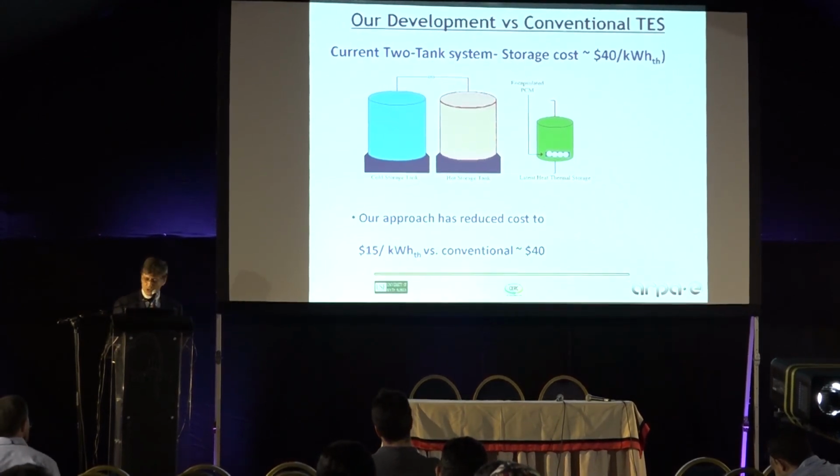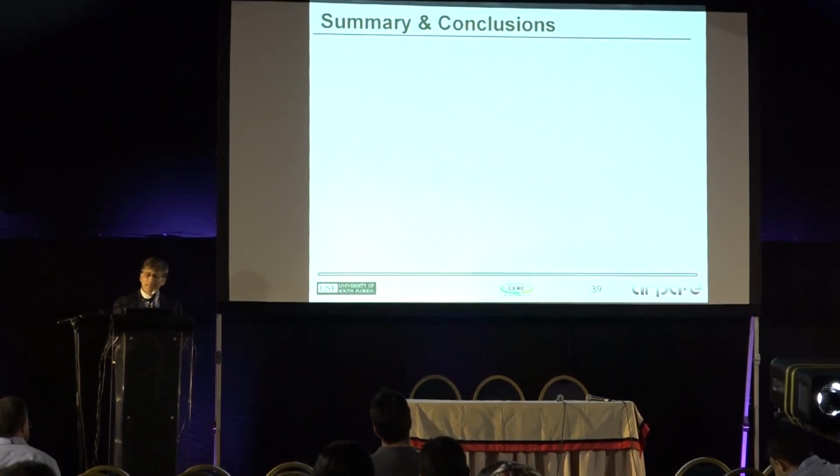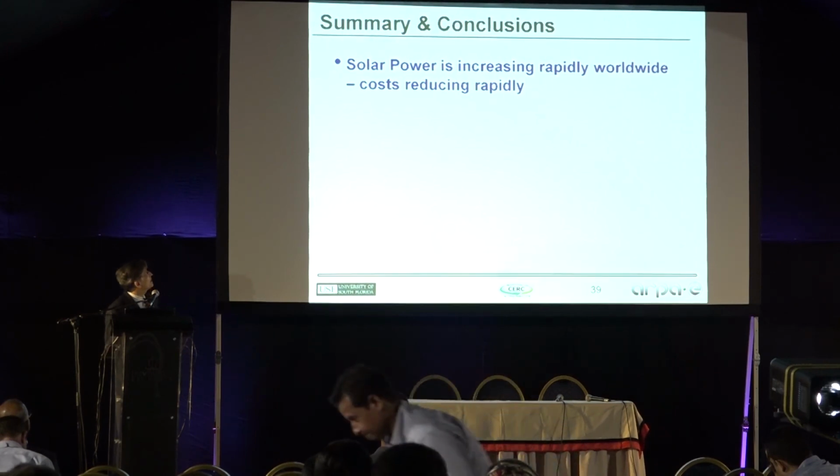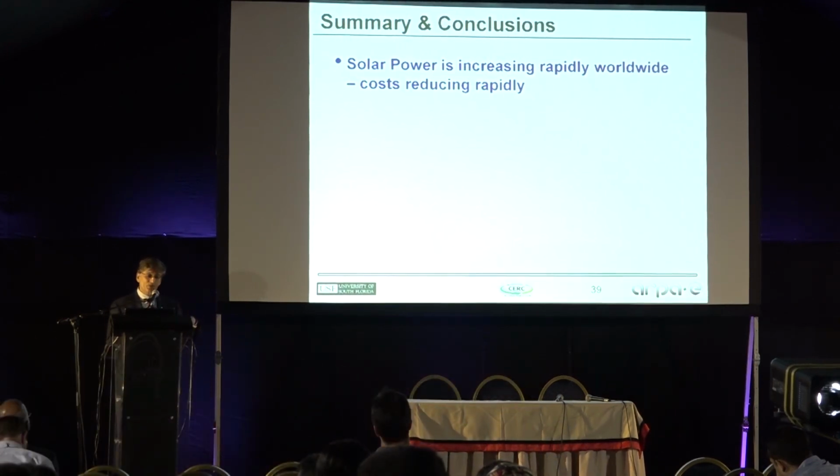Okay. So with that, let me summarize and tell you that as far as solar power is concerned, it is increasing rapidly around the world. That's because the costs are reducing rapidly.